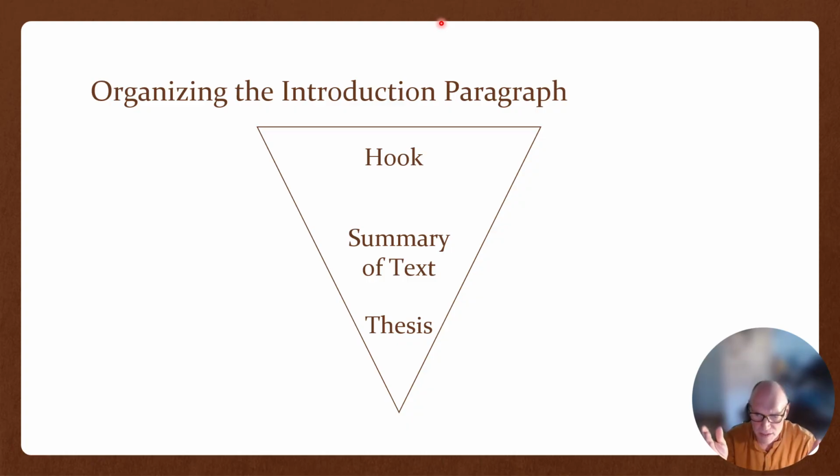Now, the summary becomes a little bit more specific, as it narrows down, because you're going to be tying it directly to something from the text. It contains specific information about the story to help orient the reader about what you want them to focus on in the work.